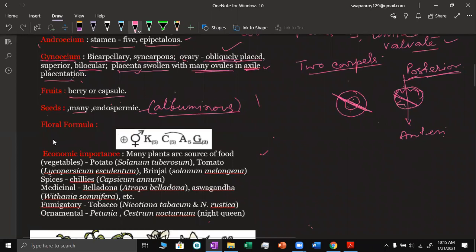Floral formula. This is the symbol that is complete, actinomorphic. This symbol is bisexual; this is female, this is male, so it is bisexual. Calyx 5, united within the bracket.